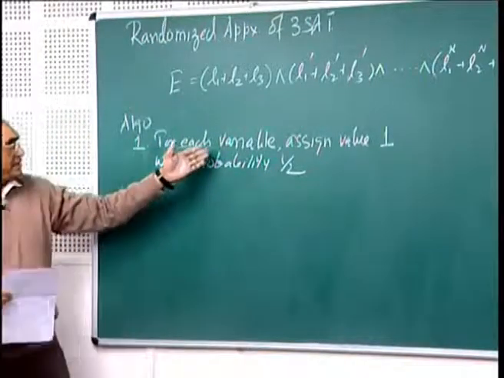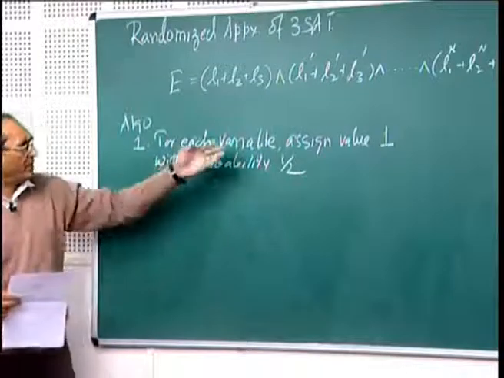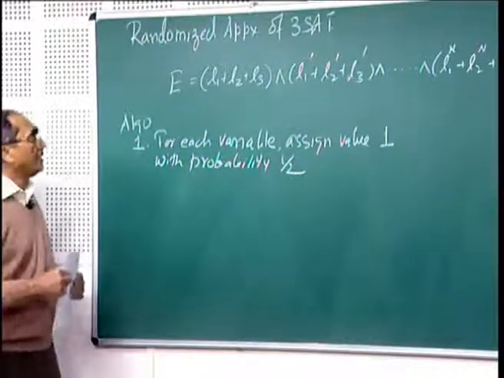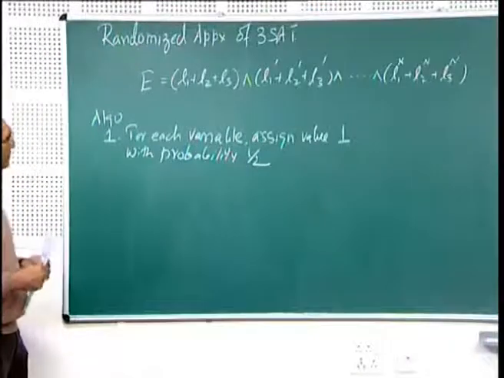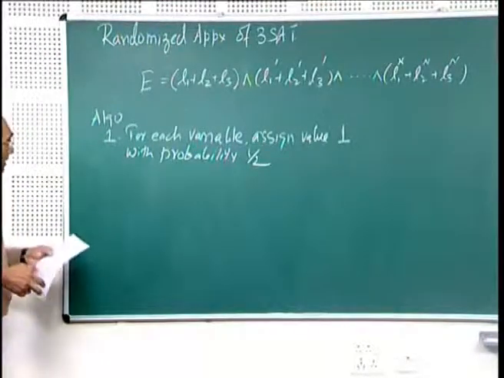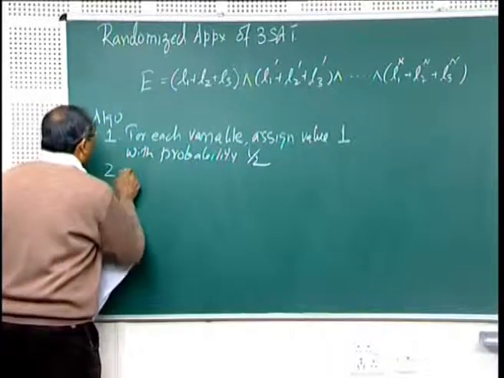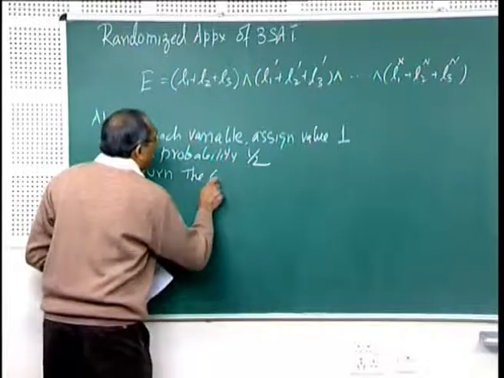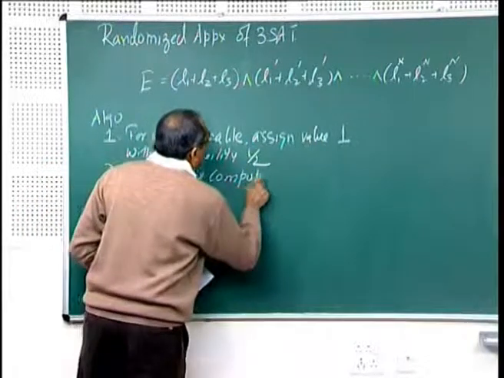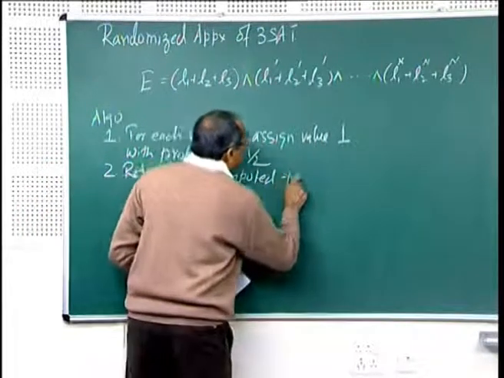Please note that all these assignments are independent, all variables are assigned independently. So, in the first step we have generated a value assignment and of course return the computed truth value assignment.